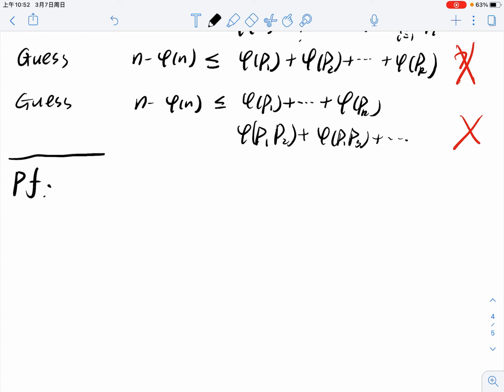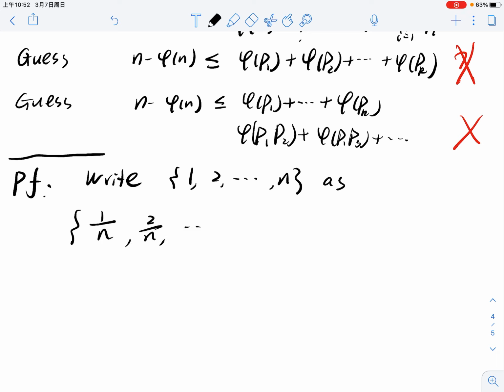So first thing is, we rewrite the set 1, 2, 3, 4 up to n as fractions. We divide everything by n. So 1 over n, 2 over n, and so on, up to n over n.